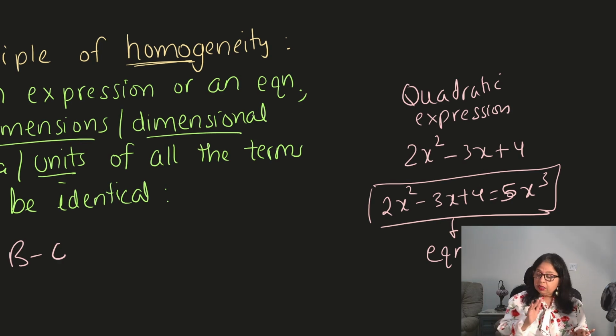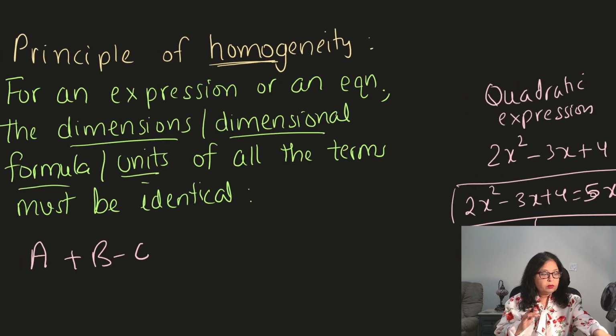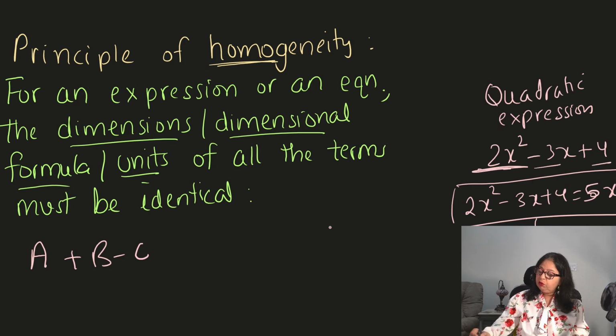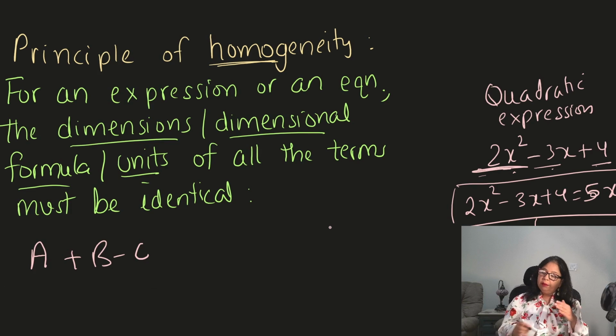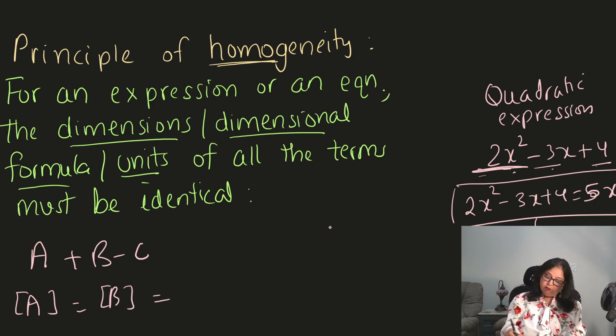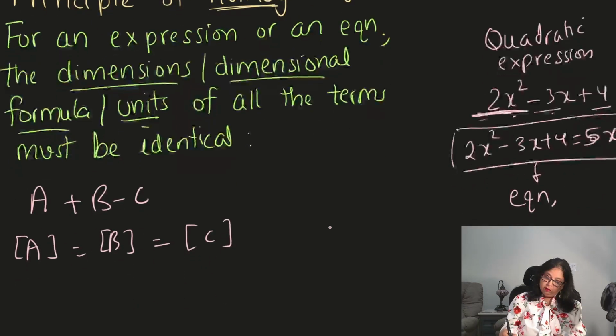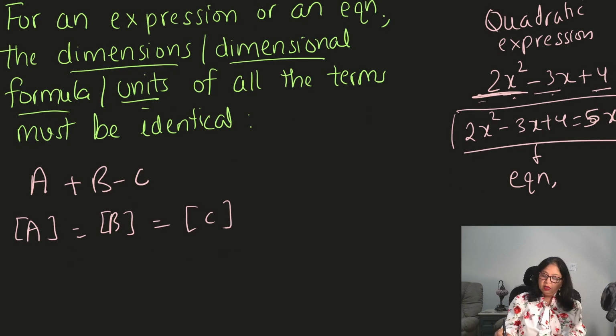But nonetheless, what I'm about to say will apply to both of them. So let's say A plus B minus C could have been this thing, 2x squared minus 3x plus 4. A is 2x squared. B is minus 3x. And C here will be minus 4. Then the dimensions or the dimensional formula for A equals dimensional formula for B equals dimensional formula for C. Why? Because I have three terms here.